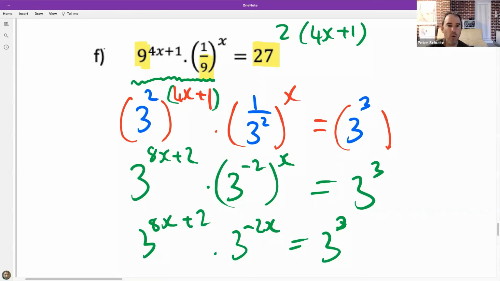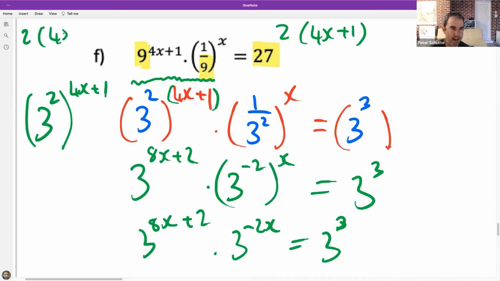All I want to say about it, because we can come back to this, is that 9 is definitely 3 squared, and then I'm multiplying it by 4x plus 1. What the law of exponents says is that the whole of 2 gets multiplied by the whole of 4x plus 1. It's almost like the 4x plus 1 is in a bracket.